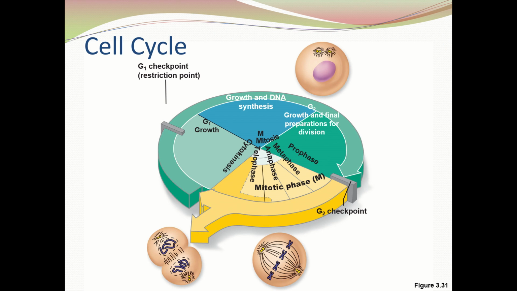You can see the G1 subphase is the growth phase. Some cells will stay in the growth phase forever, like nerve cells. Once the nerve cells are formed in your cute little baby body, they will elongate as you grow, but they will never go through mitosis.